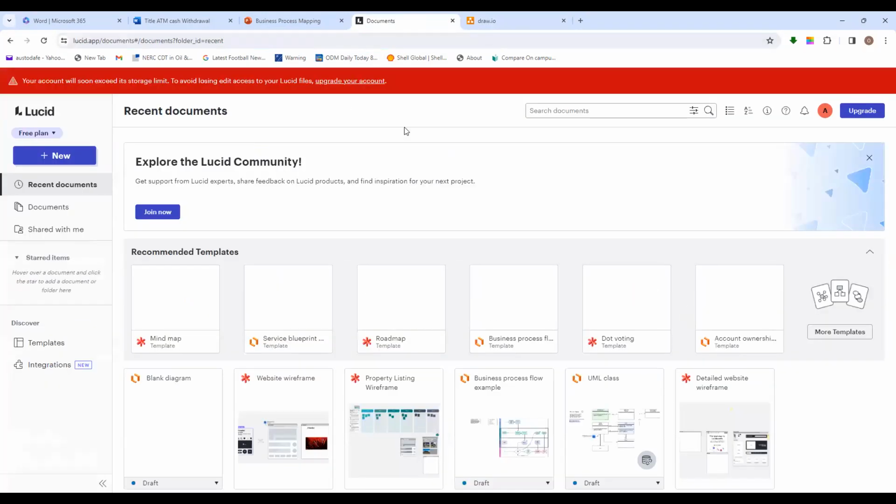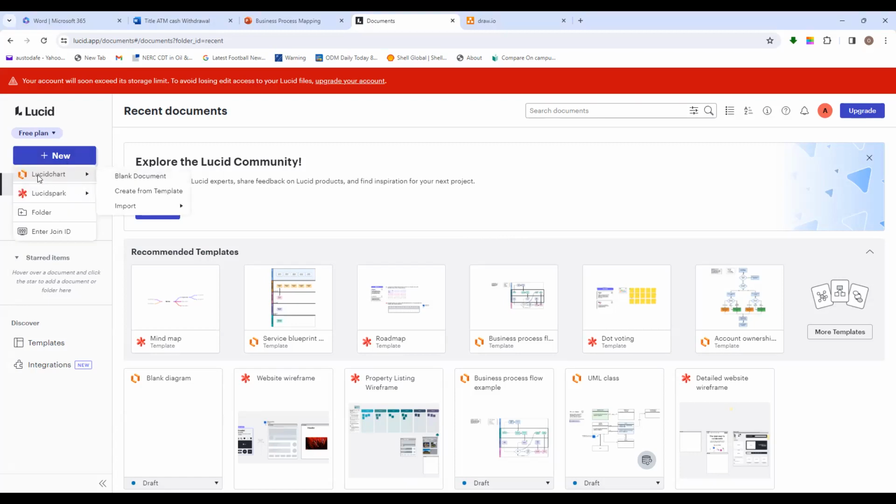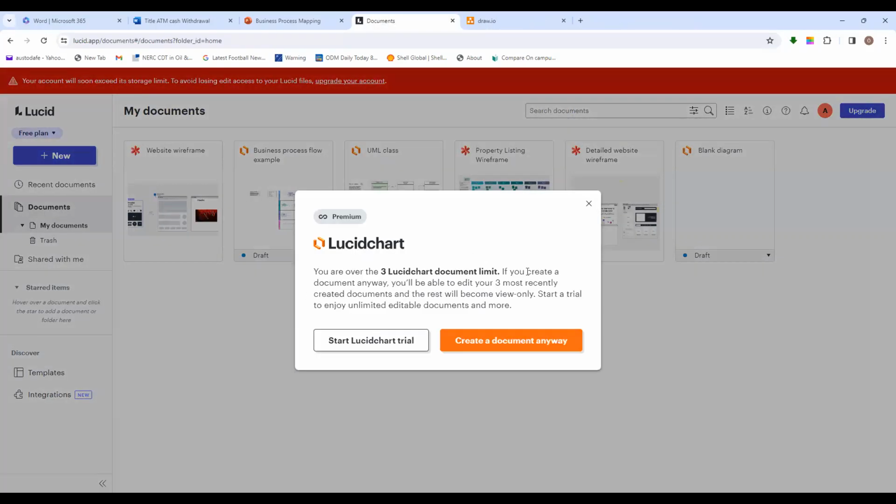Are you still seeing my screen? Yes. What are you seeing now? Explore the Lucid community. Good. So when you enter Lucid, you just need to register. Register for the free one, and it takes you here. And let's say we'll go to the new Lucid.